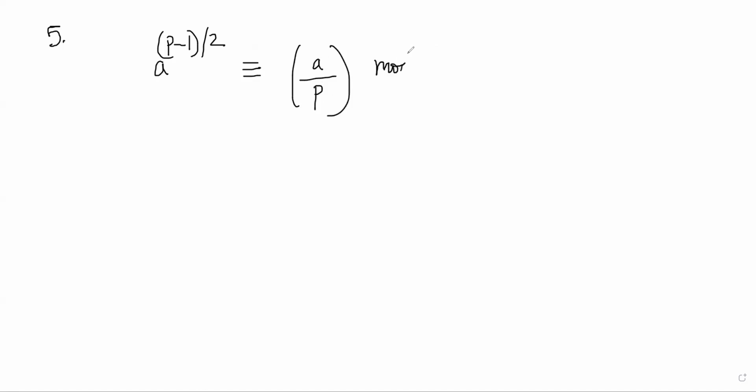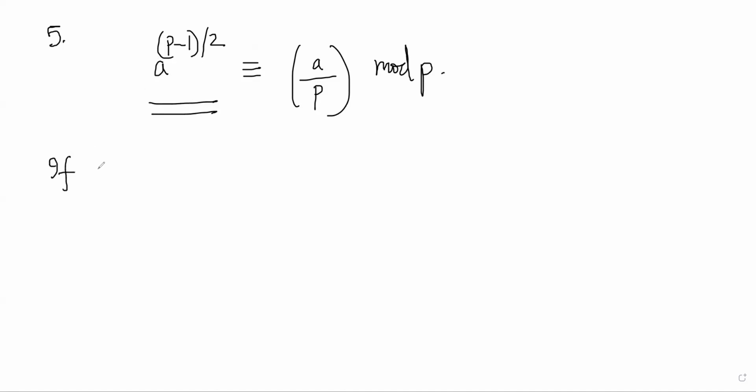Okay, now we get back to combining Euler's criterion with the Legendre symbol. So we know that A power (P minus 1)/2 is congruent to A by P mod P. This we have already established. This is coming from Euler's criterion.